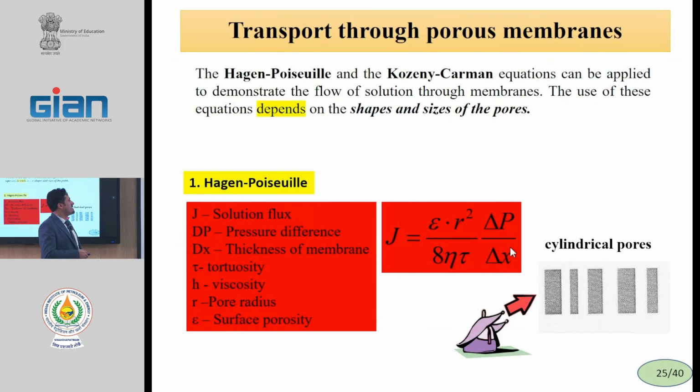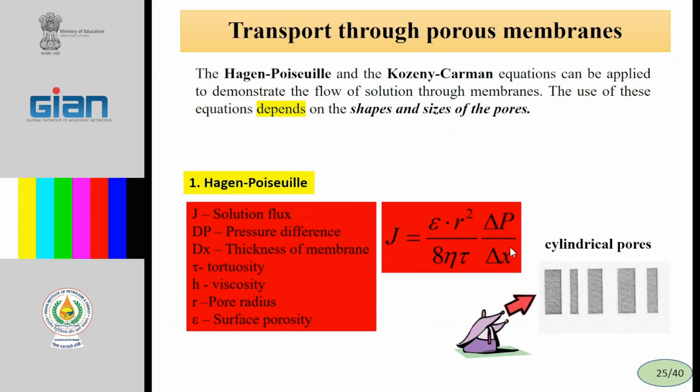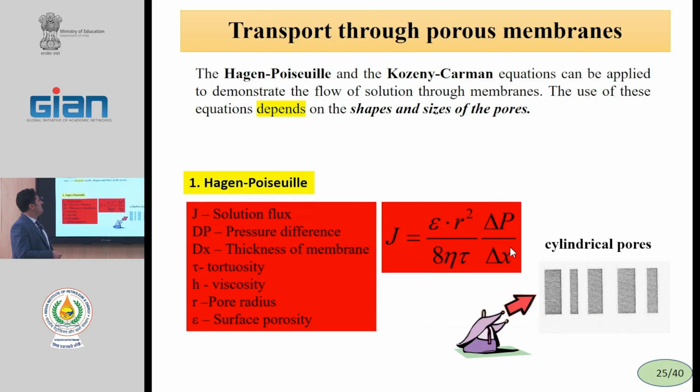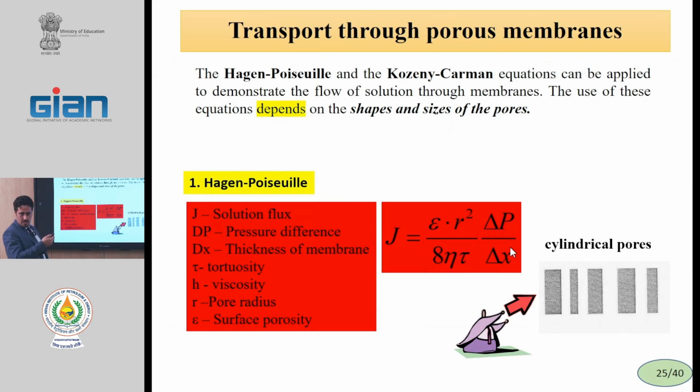There are different equations for discussing mass transfer in membranes. For example, Hagen-Poiseuille, that you see this equation is similar to the mass transfer equation.